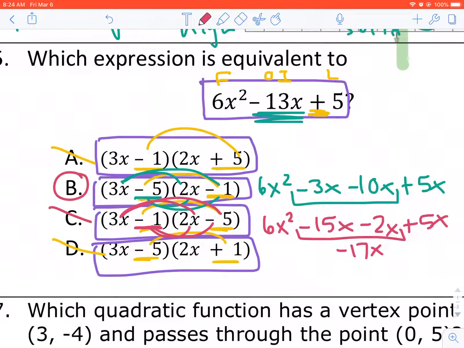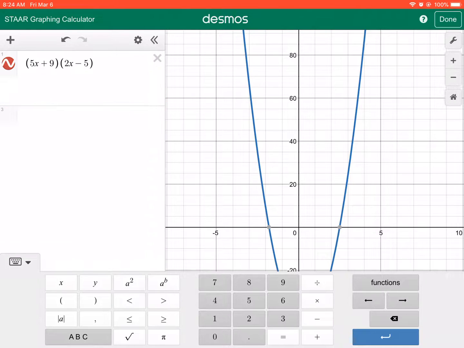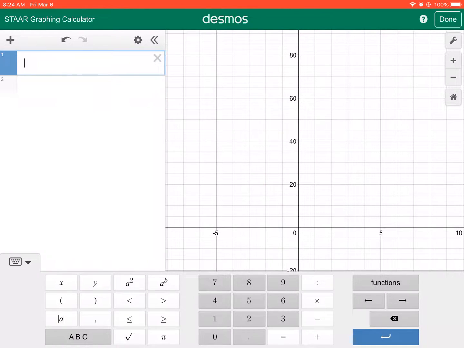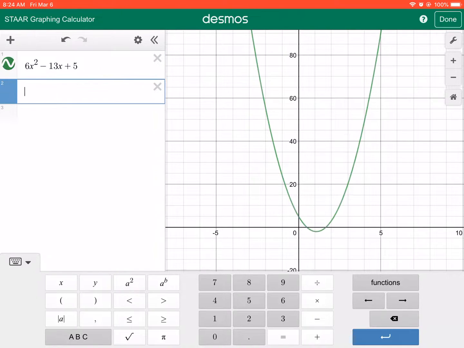For those of you that just wanted to type everything in from the beginning, you can also do that. And I'm going to type it in so that we can talk about that. I like to type in and then hide, possibly even look at the things as you're typing.